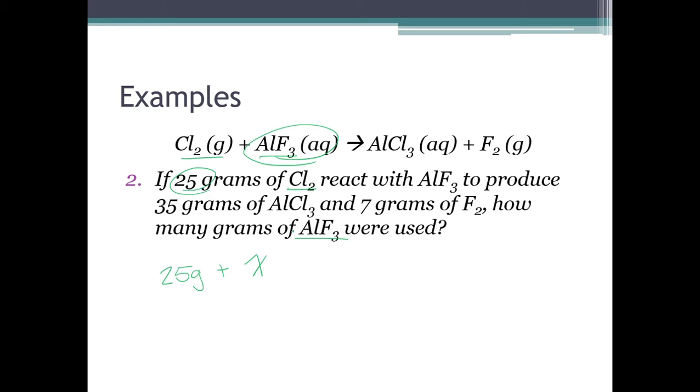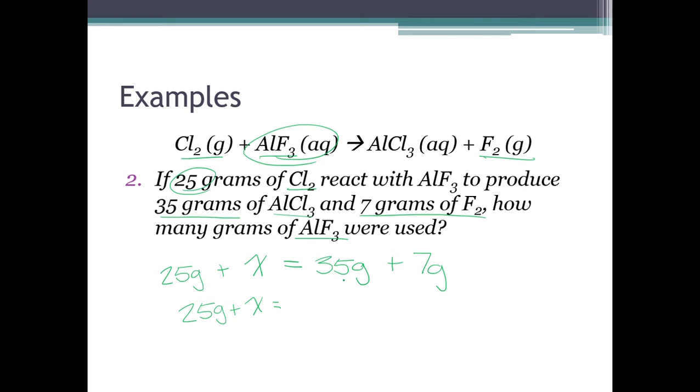This arrow, again, we can call an equal sign. AlCl3, we are told that we make 35 grams of AlCl3, so we'll plug in 35 grams plus F2. We are told we have 7 grams of F2, so we'll plug in 7 grams. So again, just a little bit of algebra. We have 25 grams plus some amount of reactant.